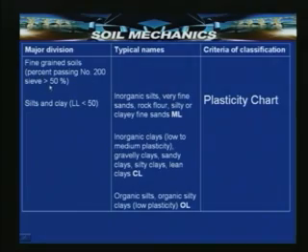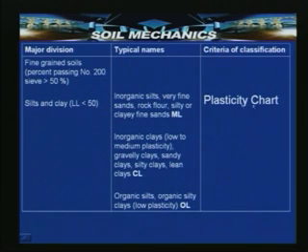Now, we are looking at the classification chart for fine grained soils. Silts and clays with liquid limit less than 50: inorganic silts with very fine sands, rock flour, silty or clayey fine sands are indicated with ML, that is silt of low compressibility.